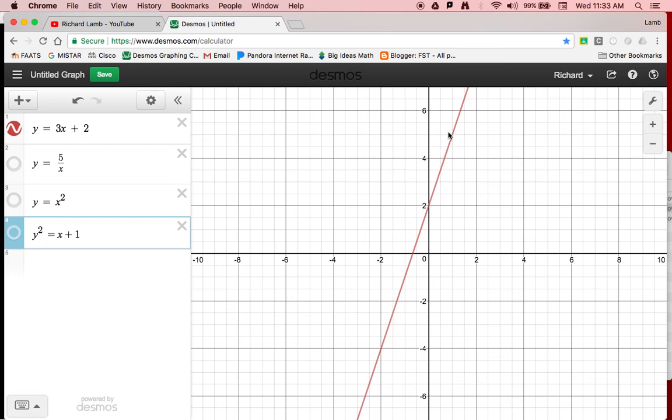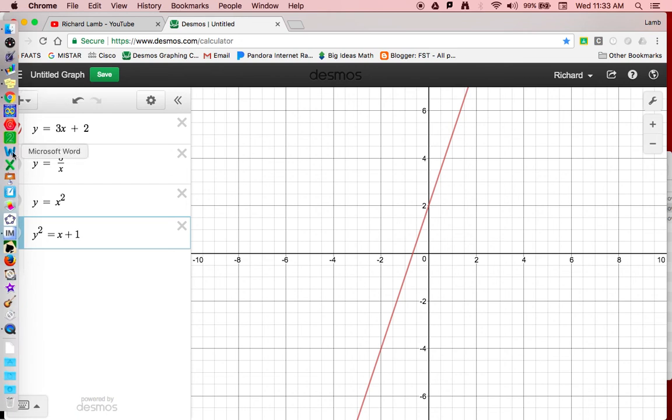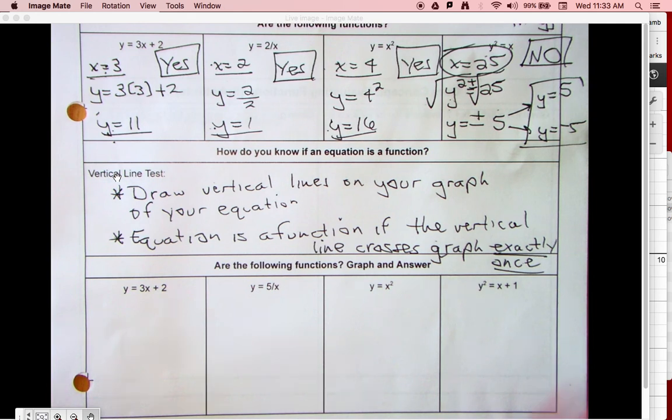Each of these vertical lines touches the graph exactly once. It's okay they touch in different spots, but each individual line touches once. If that's the case for the entire graph, we have a function. So, y equals 3x plus 2 is a function. So very simply, is it a function?